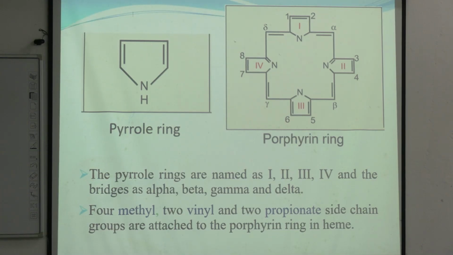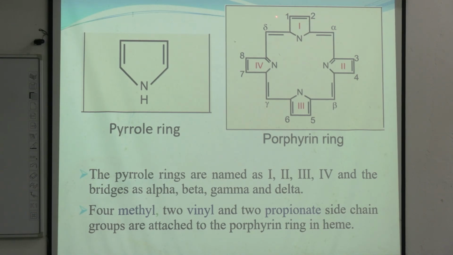A porphyrin ring is produced. The pyrrole rings are numbered as 1, 2, 3, 4, whereas the bridges are numbered as alpha, beta, gamma and delta. And these are specific. 1, 2, 3, 4, they are the pyrrole rings, and alpha, beta, gamma, delta, they are the bridges.